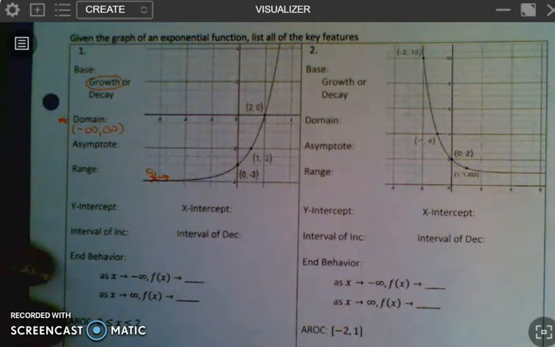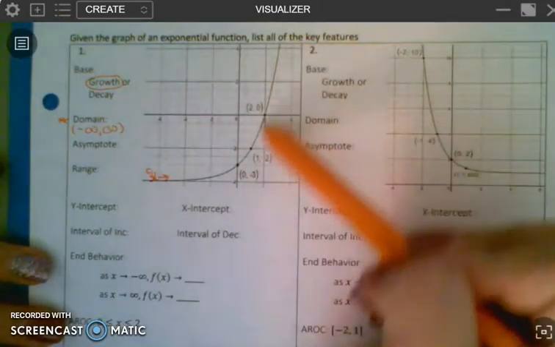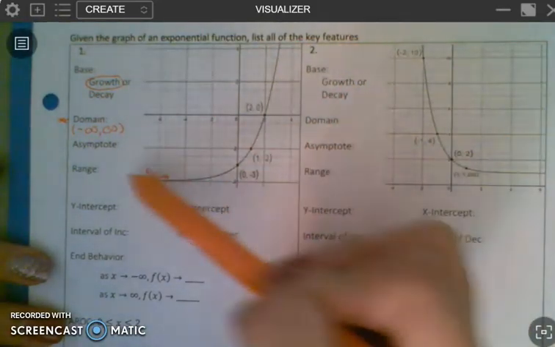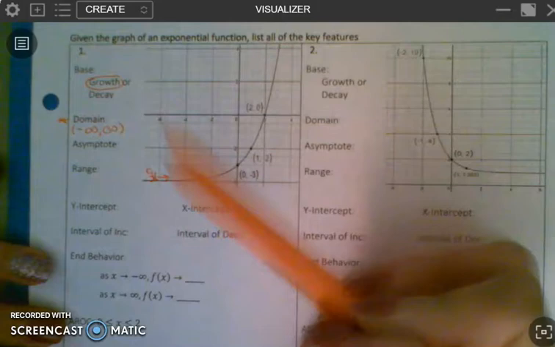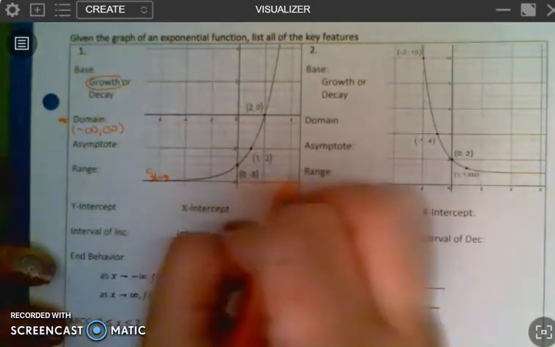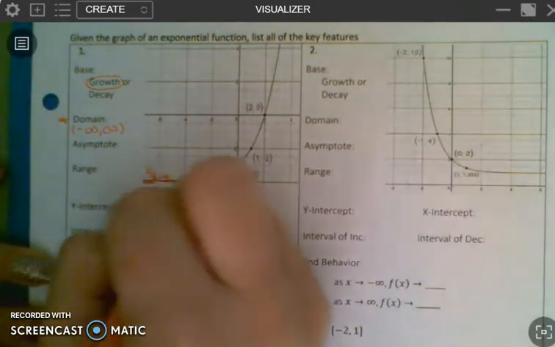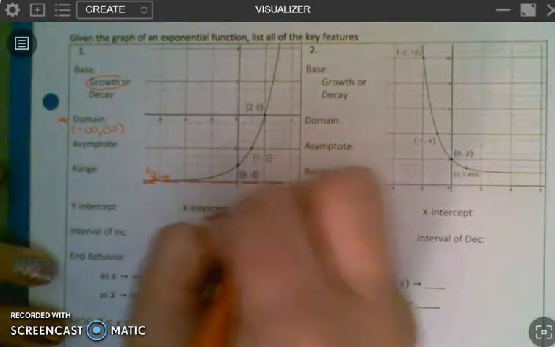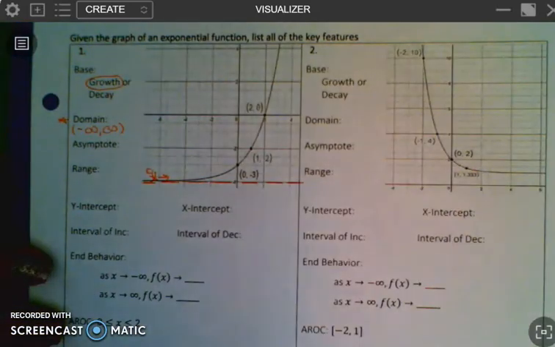Next, we have the asymptote. So that's where this graph is flattening out. So if I'm looking at this, it's getting flat where my little man is walking. So your asymptote is actually right there on your graph, and it has to be a dashed line.